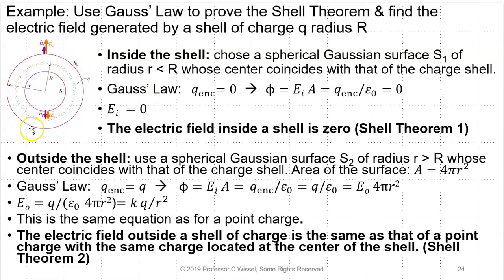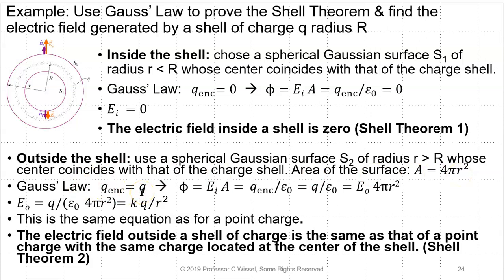Outside the shell, we use a spherical Gaussian surface S2 of radius r bigger than the radius of the shell, whose center coincides with that of the charged shell. The area of the surface, A, equals 4 pi r squared.